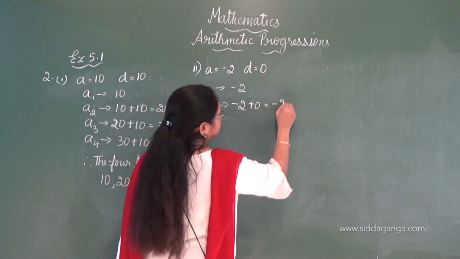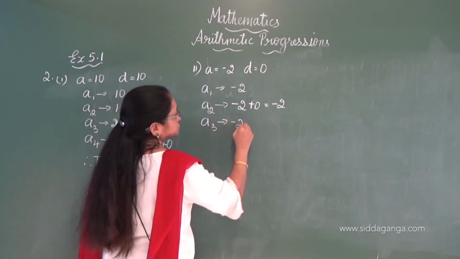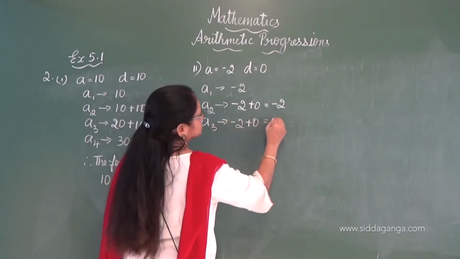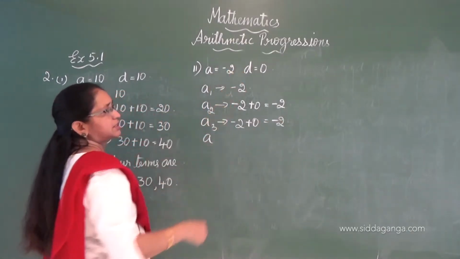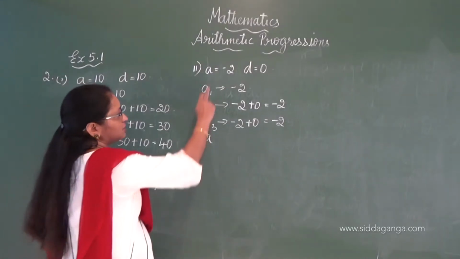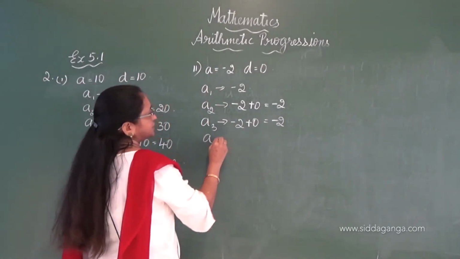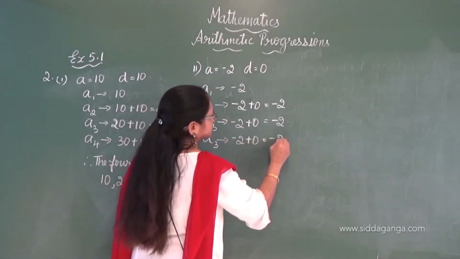So this is also minus 2. Then A3 is minus 2 plus 0, so here also minus 2. So we can write it, but the steps are important. You have to show this.